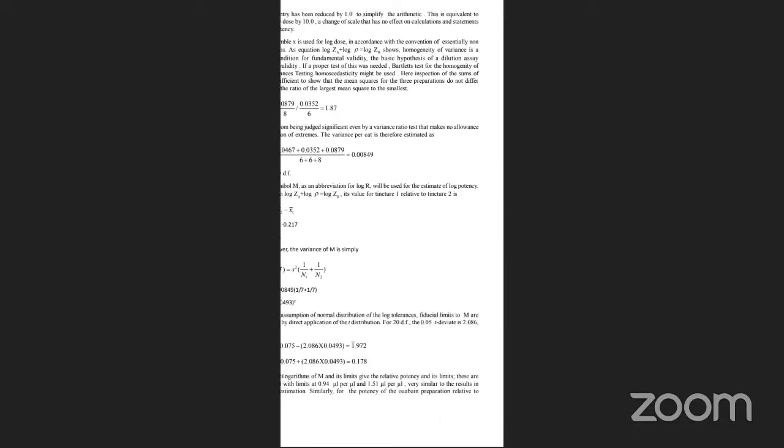And with the assumption of normal distribution of the log tolerances, fiducial limits to M are found exactly by direct application of the t distribution, where t equal to 1.972 and M t is equal to 0.0178. The logarithms of those values are displayed here.